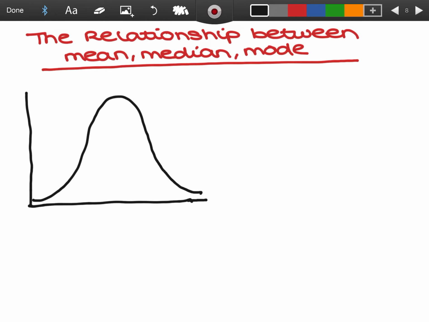In that case, when you have symmetric data, if it is perfectly symmetric, then right down the middle is all three of your values.